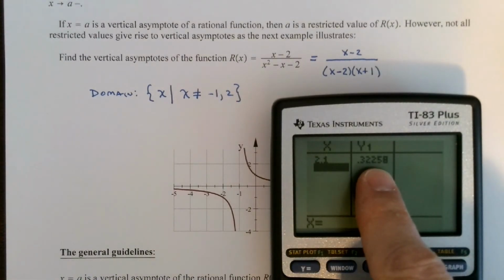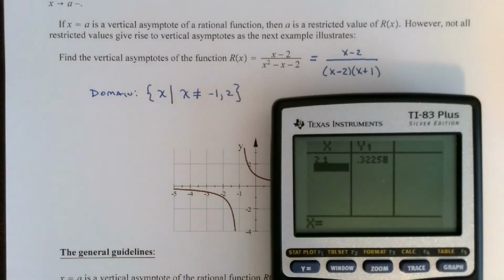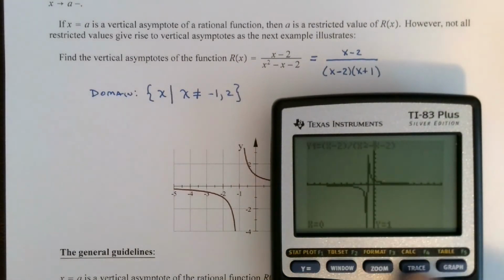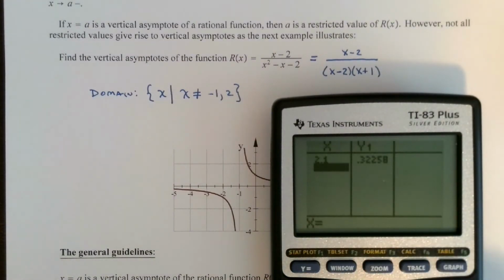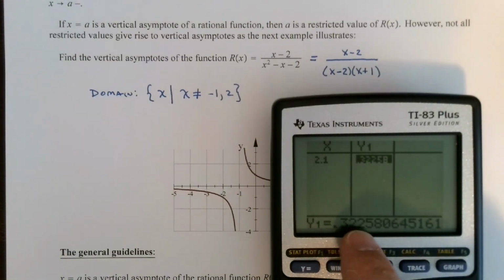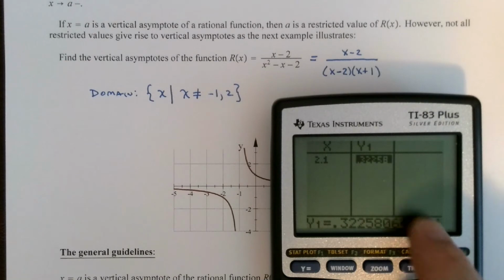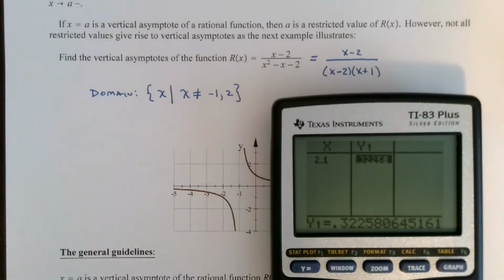The output is about 0.32258. Again, this is rounded off. Keep in mind if you're in the calculator and you scroll over this number, you'll actually see the actual unrounded value down here. So they rounded it off to, what, 5 decimal places. But anyways, it's about 0.32258.